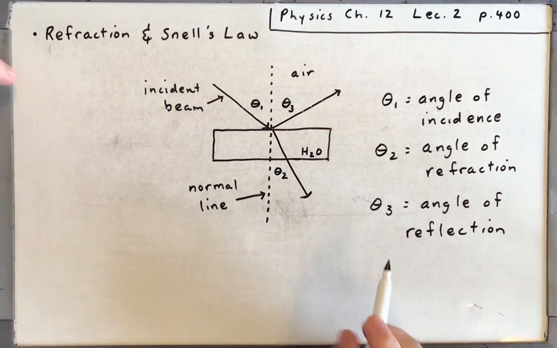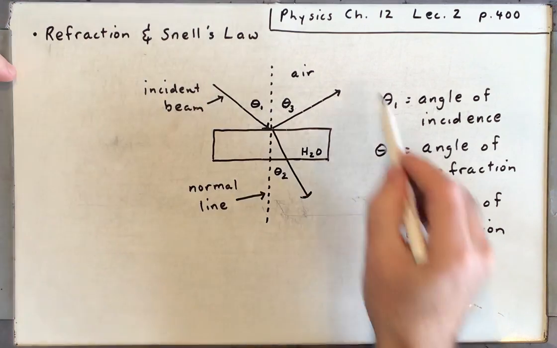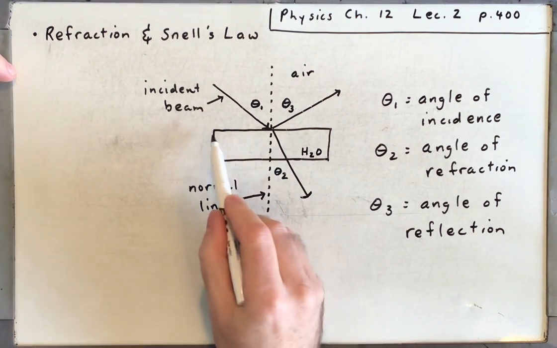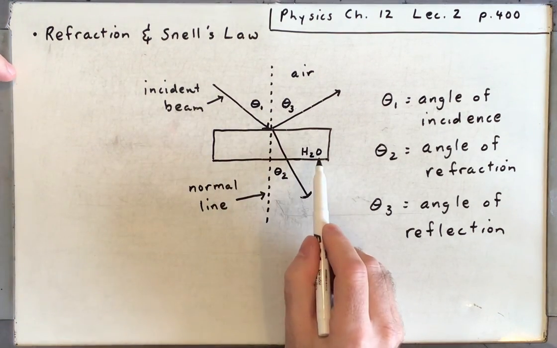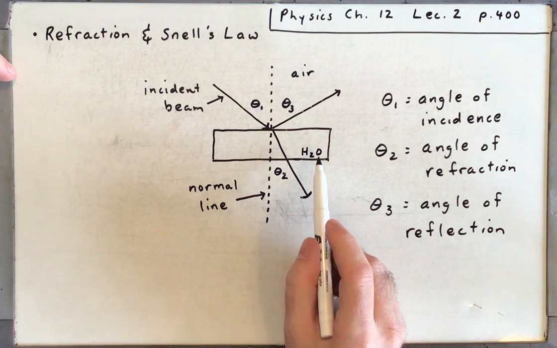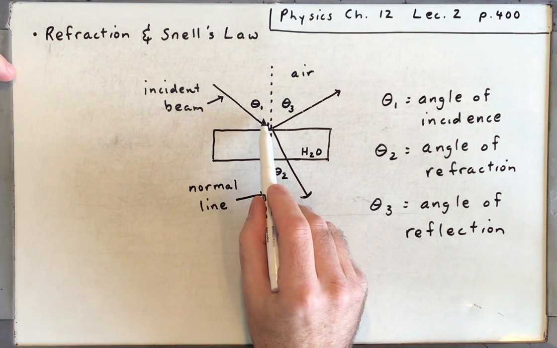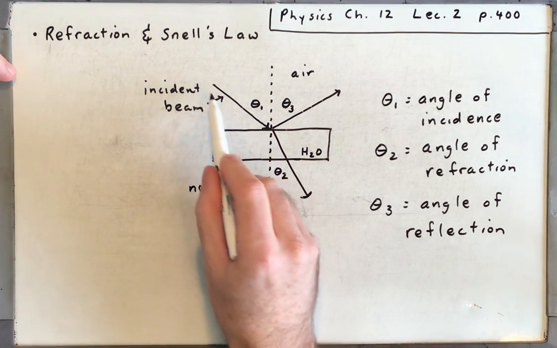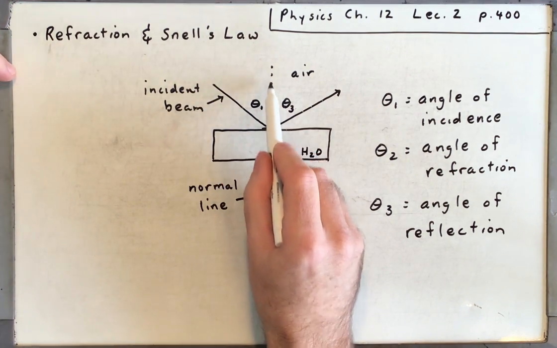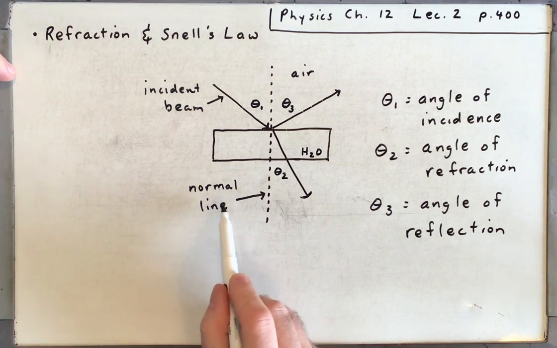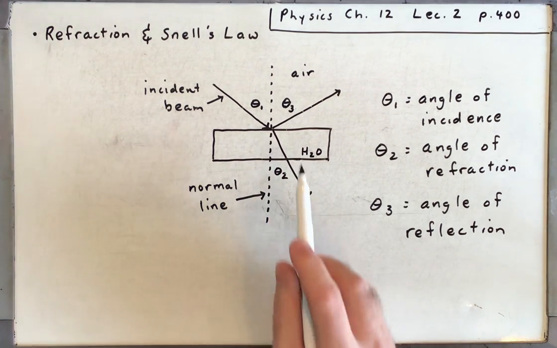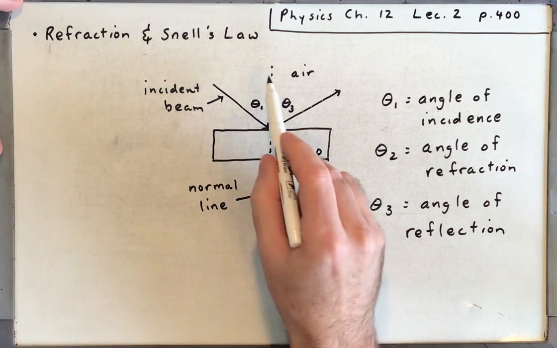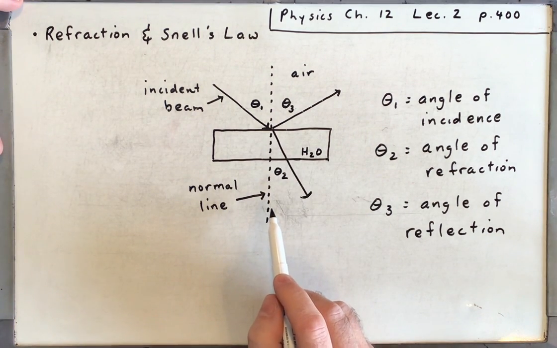Okay, so let's say that all around here is air, and then within this rectangle is water. Okay, so theta 1 is the angle of incidence, and it's the angle between the incident beam and what we call the normal line. Normal is a mathematical word for perpendicular. All right, so the normal line, perpendicular.